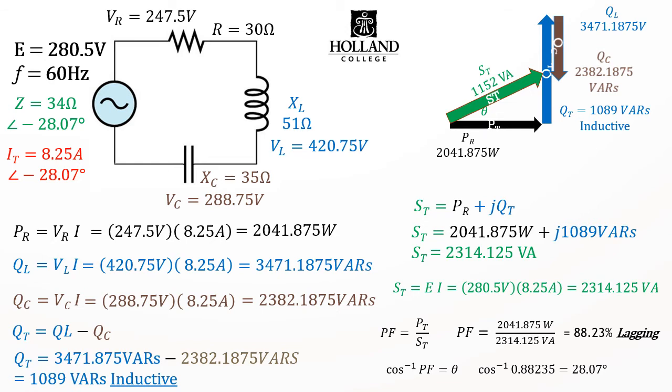Because we have a net inductive power left over, our power factor will be a lagging power factor. In this case, 88.23%. Again, good practice. Go back and double check your angle by taking the arc cos of the power factor, and sure enough, we get back to our 28 degrees.